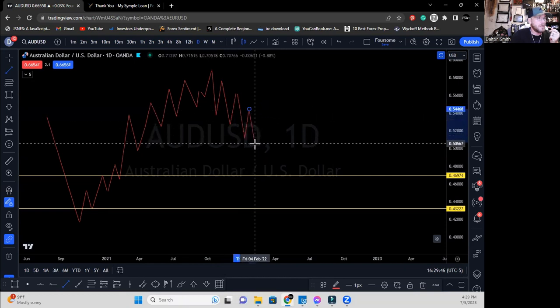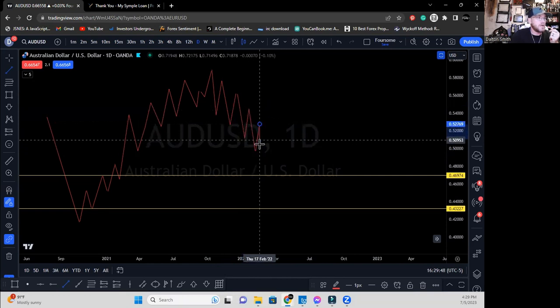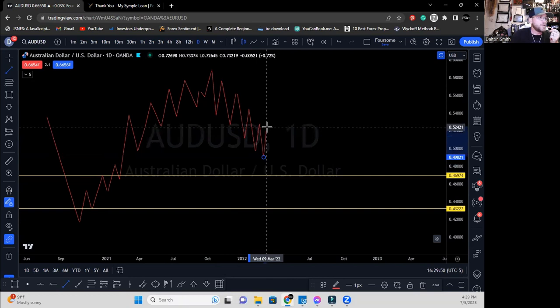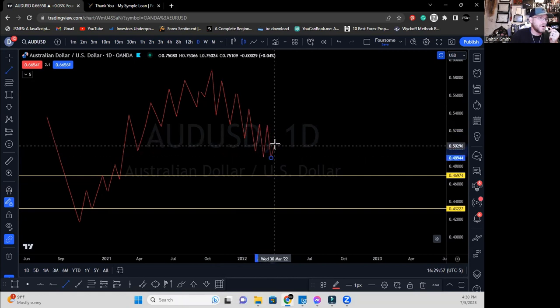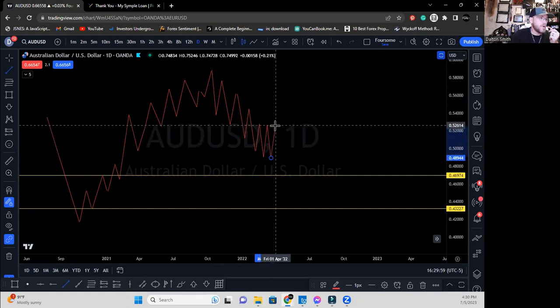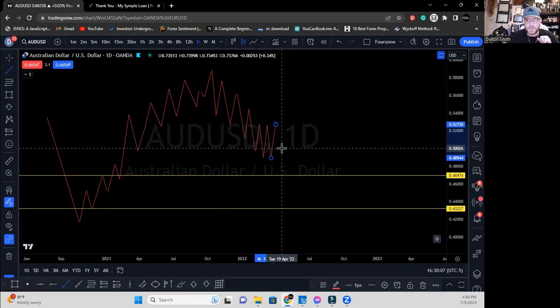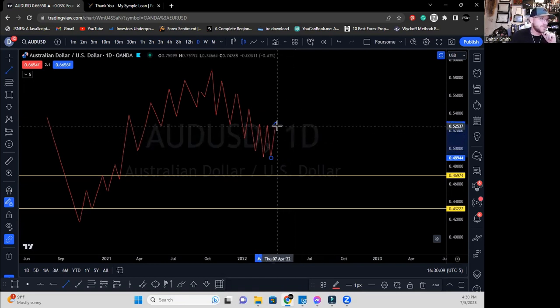Lower high, lower low, lower high, lower low. Just barely 1 pip under is a lower high. Just barely 1 pip lower is a lower low. What if we go 1 pip above? Oh, that's a change of character. One pixel on the screen is a change of character, okay?